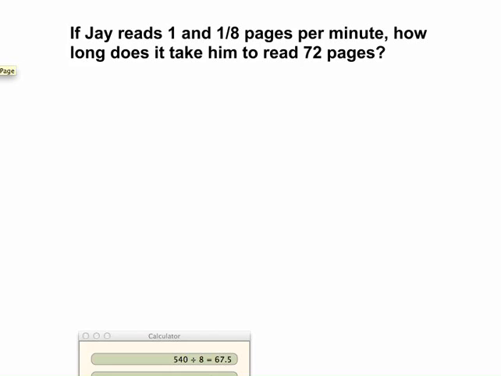If we were doing the same thing, if he reads 1 1/8 pages per minute, so I'm going to call this 9/8 in 1 minute. How long does it take him to read 72 pages? So this is where it gets quite difficult to get this to 72 pages. I know we just start multiplying to go from 9/8 to 72/8.